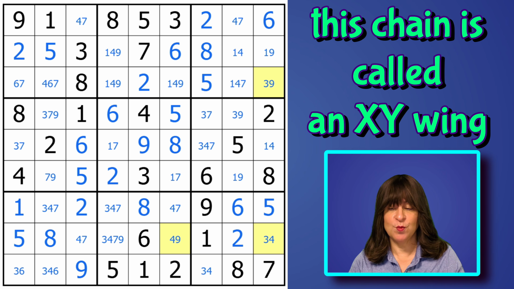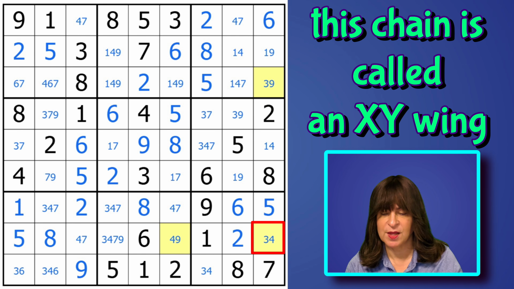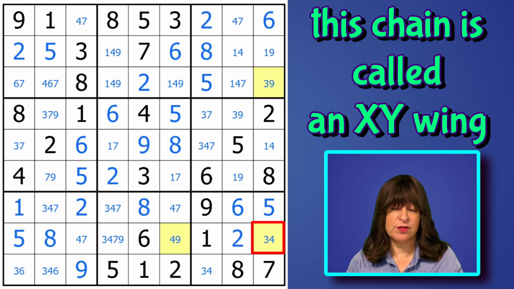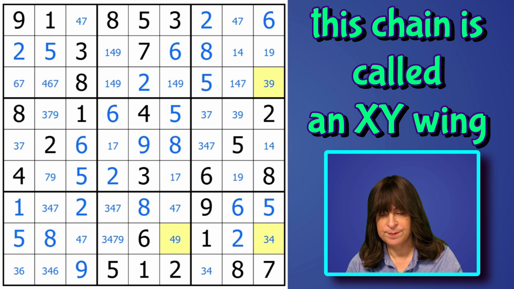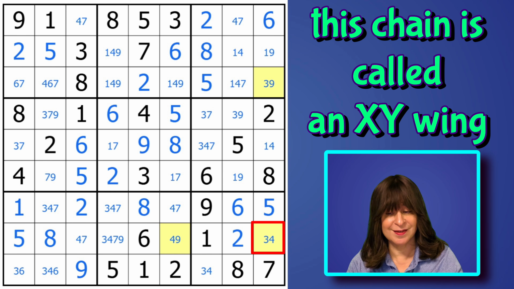There are a few ways you can look at this to follow the logic. So let's take a look at this 3-4 cell in block 9. It's either a 3 or a 4. If it's a 3, then this cell up here has to be a 9, right? But if this 3-4 cell is a 4, then this cell has to be a 9.